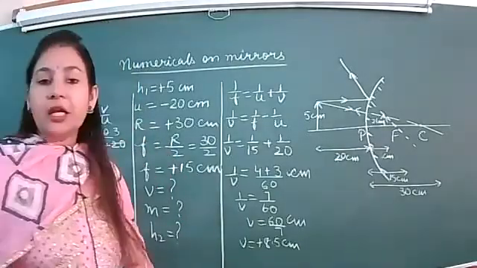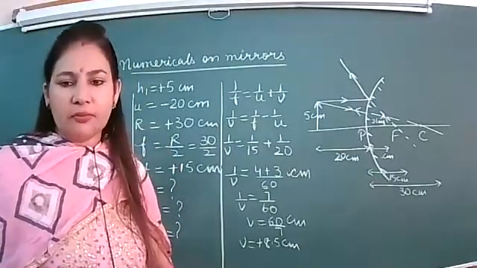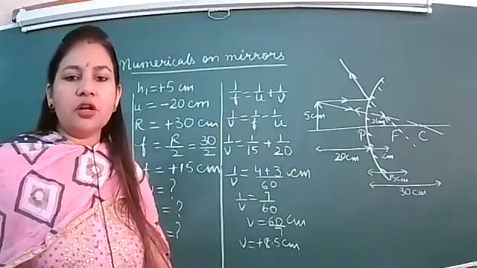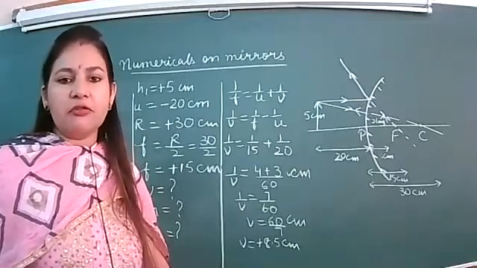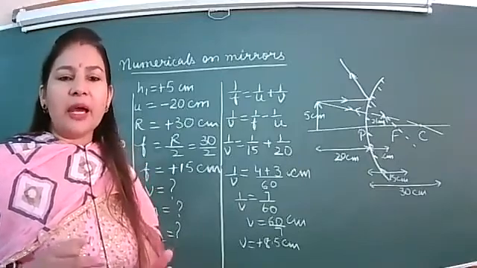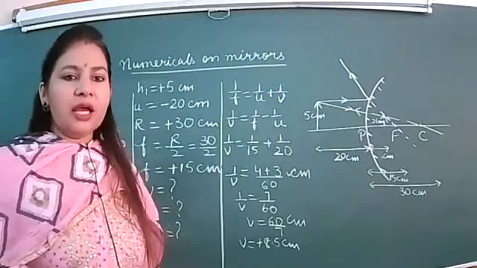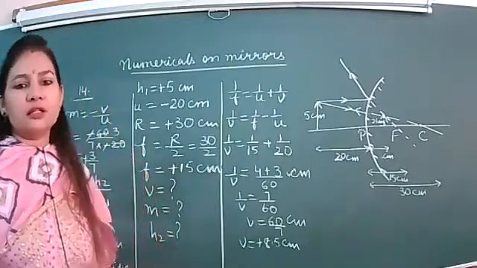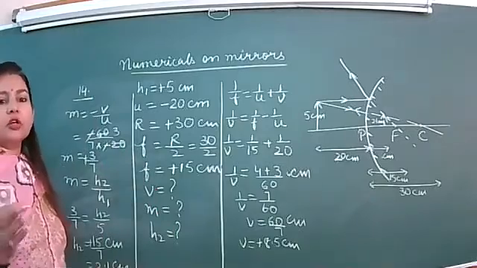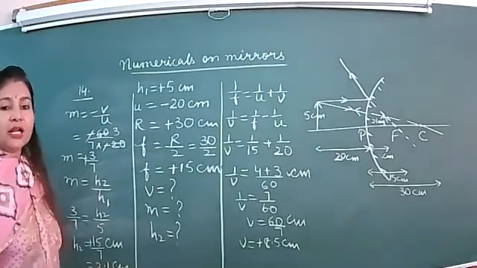Concave mirror, 3 times magnified real image is given. Because they have given the nature of the image, it becomes very easy for us. Otherwise, a magnified image may be virtual also, may be real also. But they have given us that the image formed is real. So magnification would be negative, as you know magnification is negative for a real image.